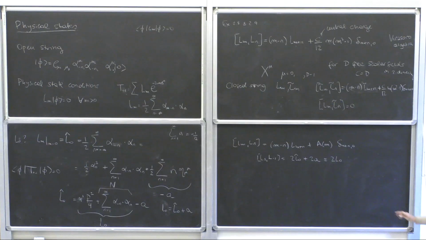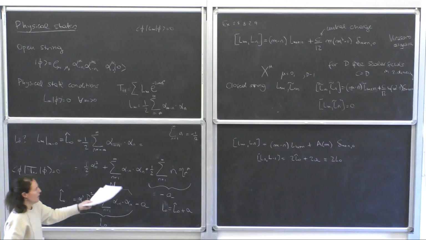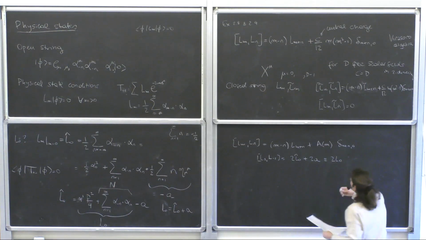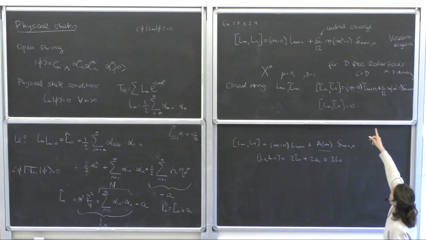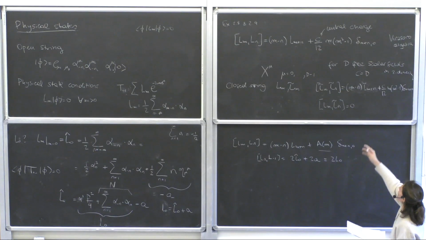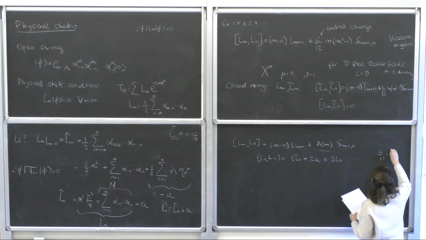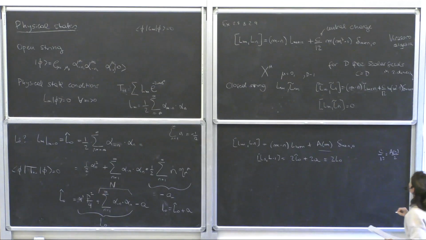Precisely as we got this constant A, you get that when you do L1 and L minus 1, and then this by definition is L0. Then you have to keep working to see that A of m has that form, m times m squared minus 1. And then the constant, c over 12, is like A of 2 divided by 2, I think. So you can write everything in terms of A for m equals 2, and that you call c over 12.